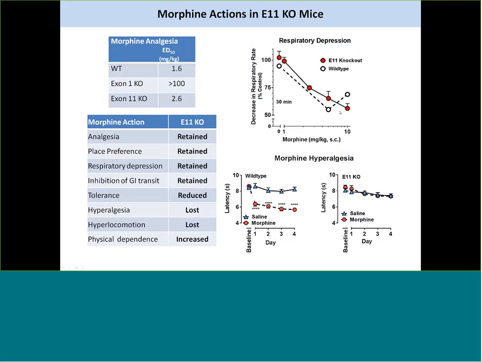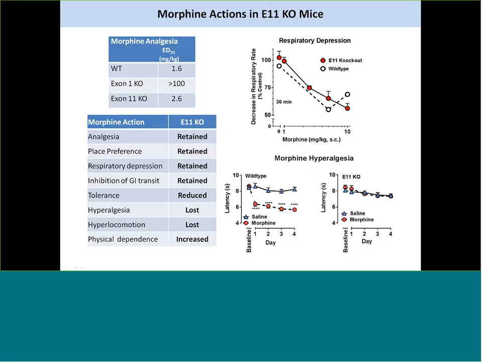But what was intriguing was when we looked for hyperalgesia in the bottom panel, and here you can see the saline on the left in the wild type, and then morphine treatment, looking at baseline latencies 24 hours after the dose of morphine. You can see a hypersensitivity to morphine in these animals. This is something that's been described by many groups over the years, and if you replicate the morphine exposure and testing the next day, you can see that it persists for 4 days.